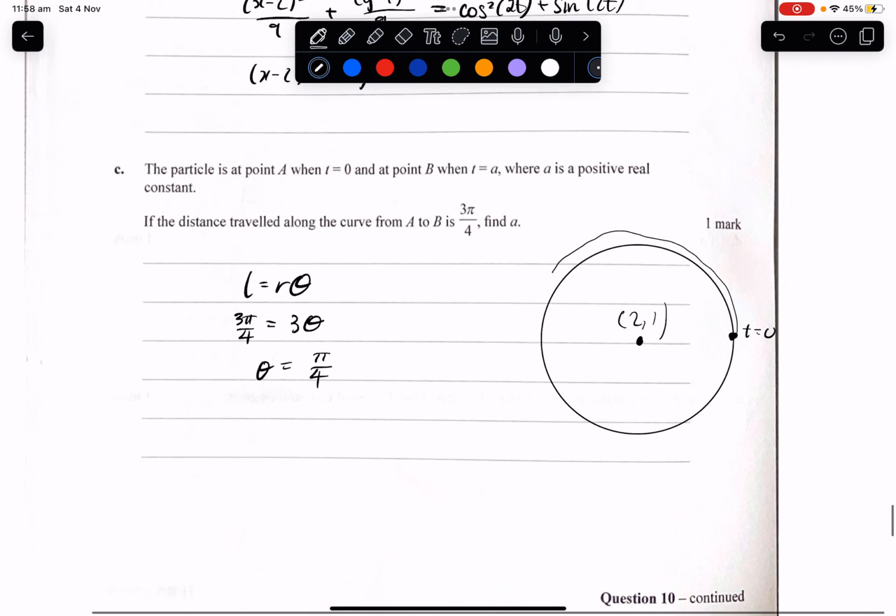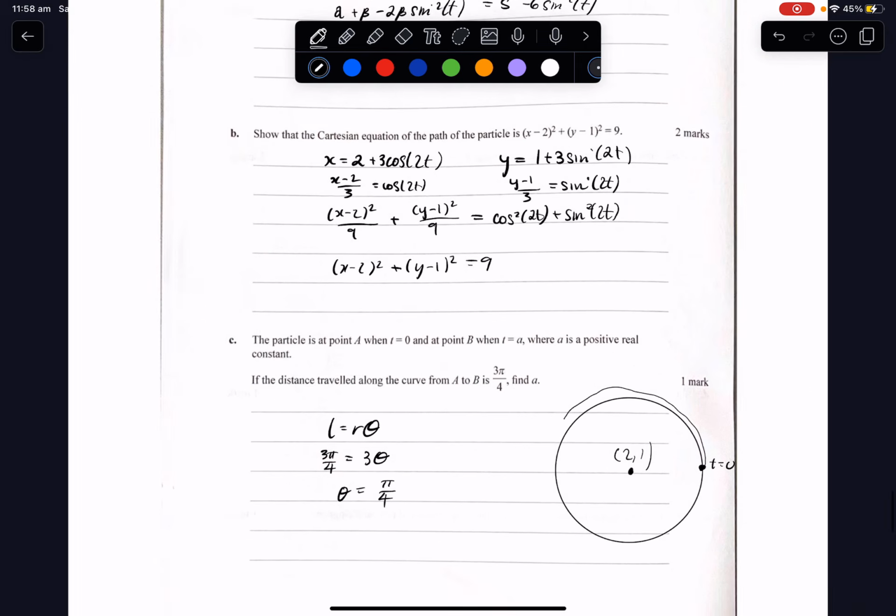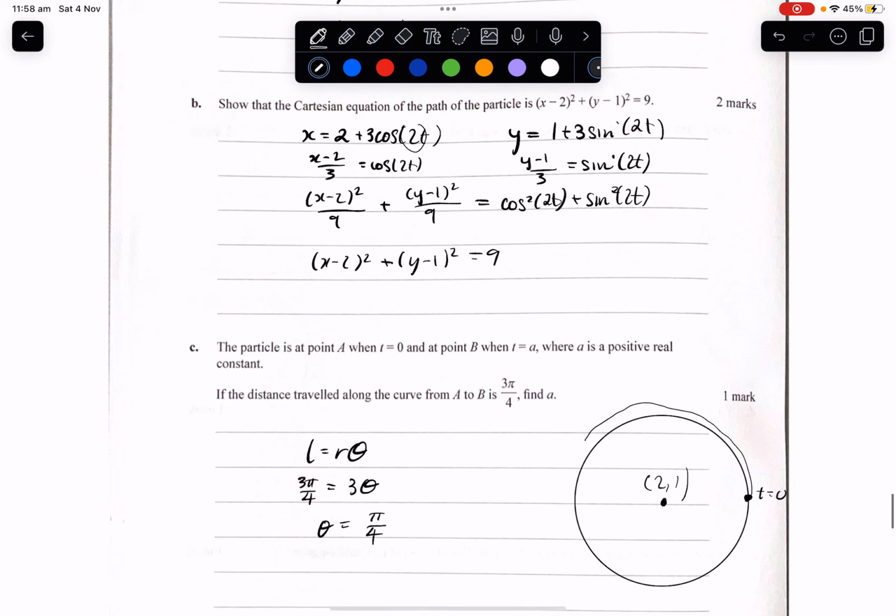Okay. So keep in mind that your angles are 2t, right? So that means that this whole thing, 2t, is equal to pi on 4.